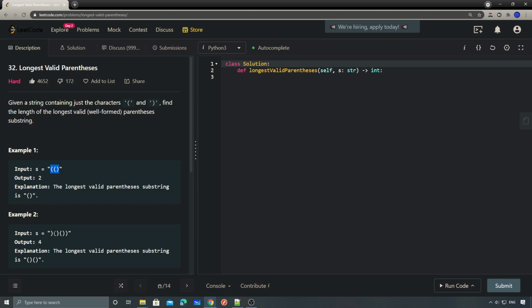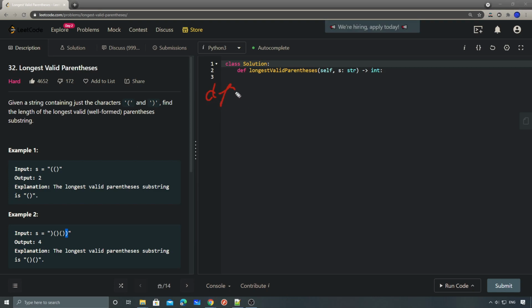So for dynamic programming, at a given index here, we need to find the state transition function. The way we define it is like this.